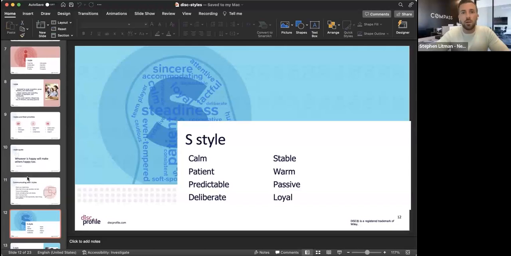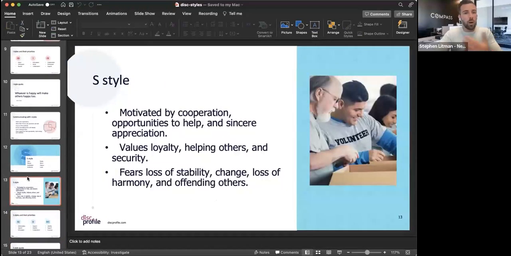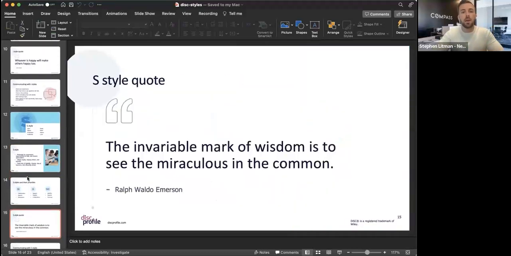They're not out there running and gunning. They just are consistent every day. And these folks may not be pushy, but they will stick to the system. And if you as a leader can convince them that if they subscribe to the system, they will get the results they're after, then they will consistently do that. So again, motivated cooperation, sincere loyalty, helping others, etc.